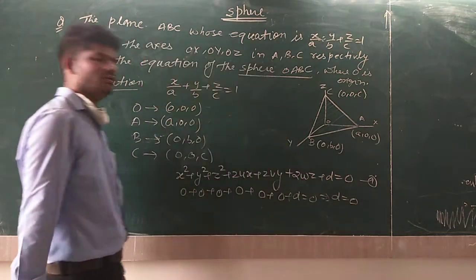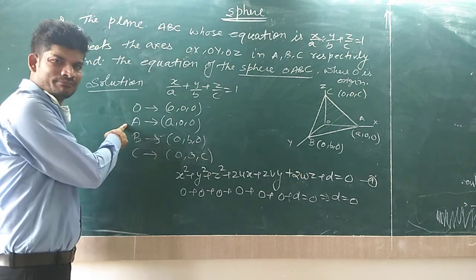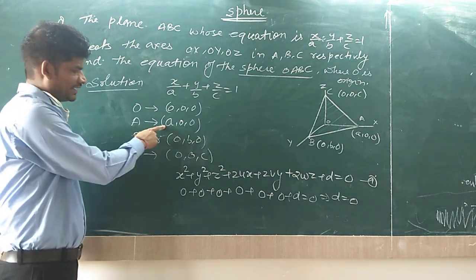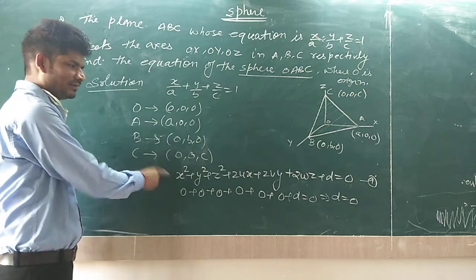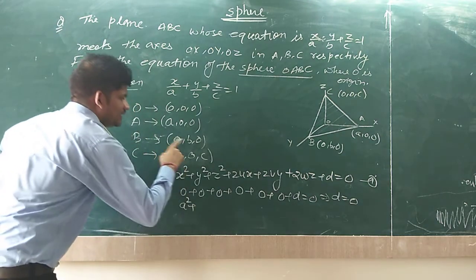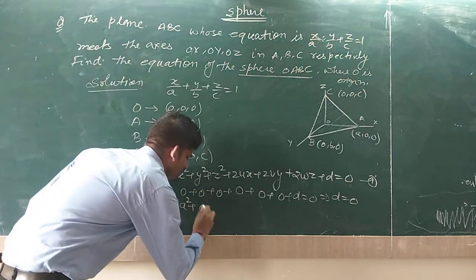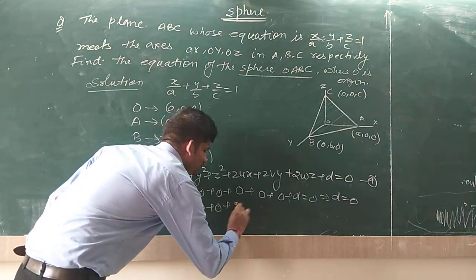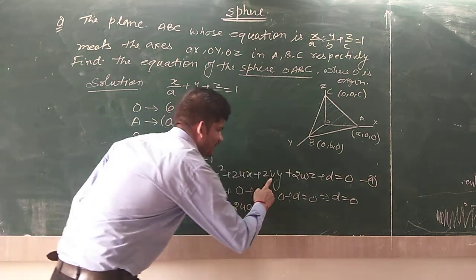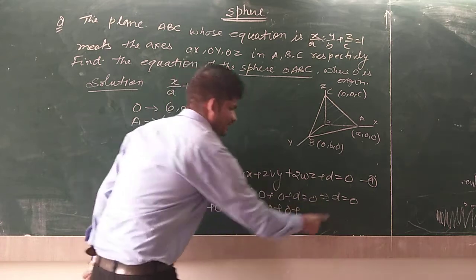The first value found is d equal to 0. Then putting the second point a, 0, 0 in equation number 1, we get a square, and the y coordinate is 0 and z coordinate is 0. So then 0 plus 2ua and 0 0 and d is 0.